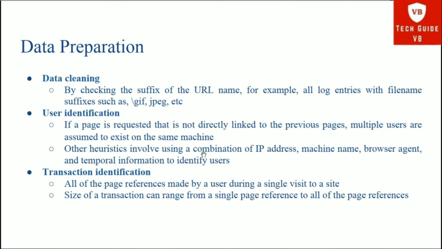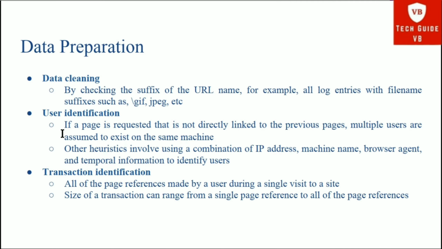The pre-processing or the data preparation includes three concepts: data cleaning, user identification, and transaction identification. Data cleaning is done by checking the suffix of the URL name, for example, all log entries with file name suffixes such as gif, jpeg, etc. User identification: if a page is requested that is not directly linked to the previous pages, multiple users are assumed to exist on the same machine.